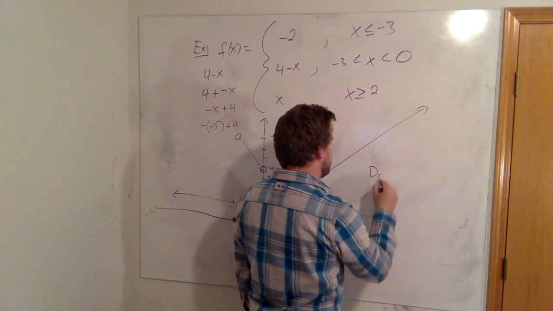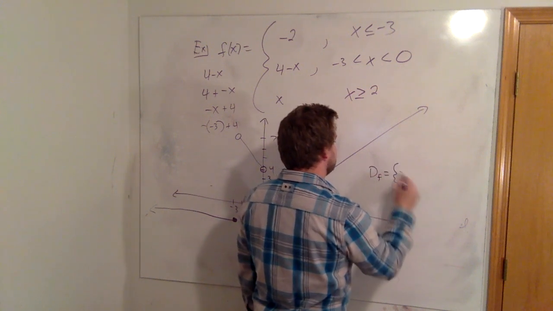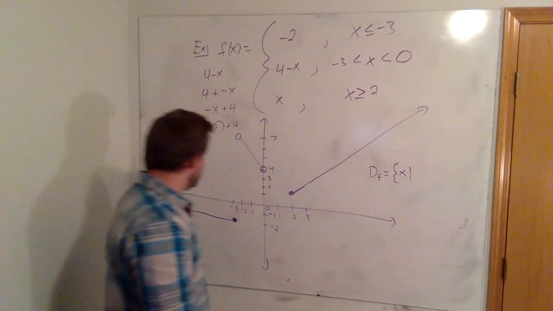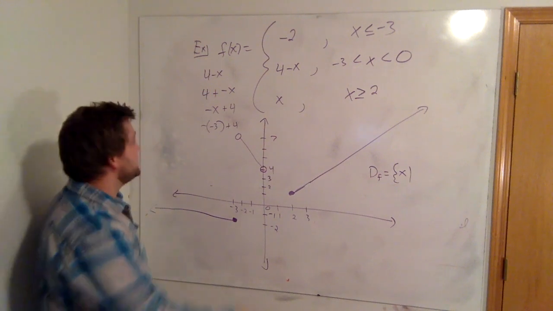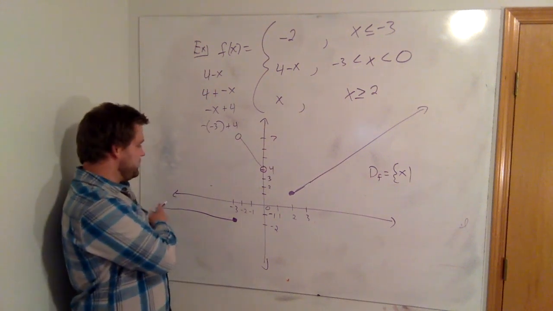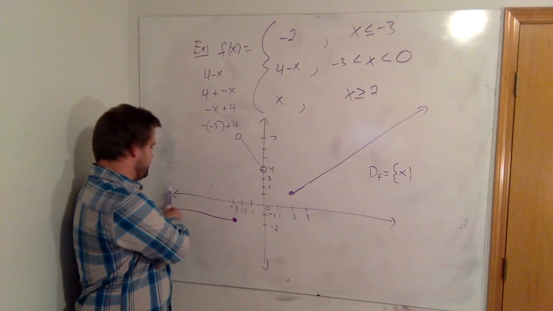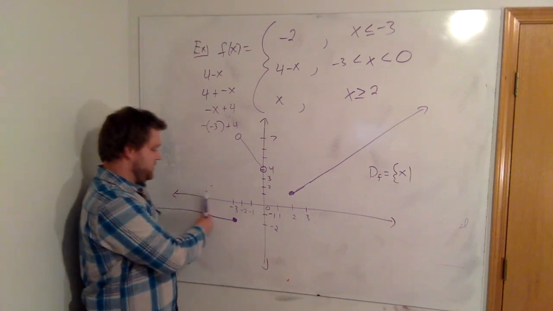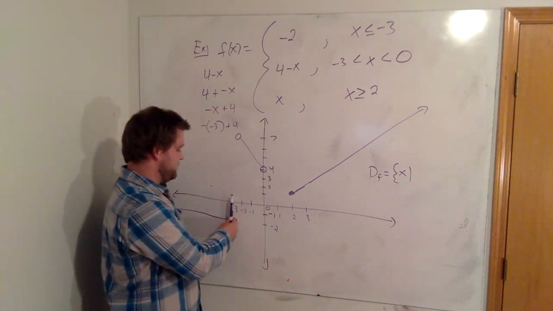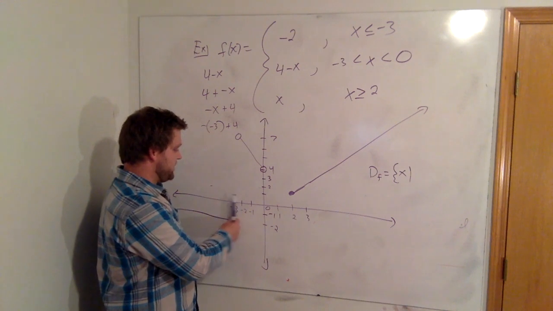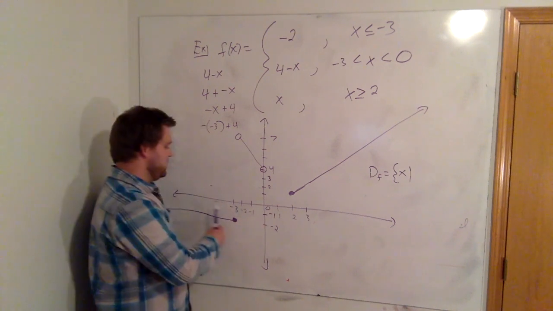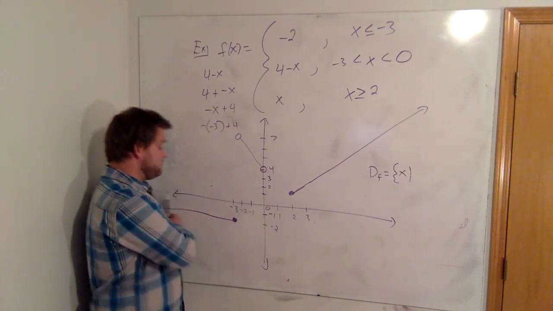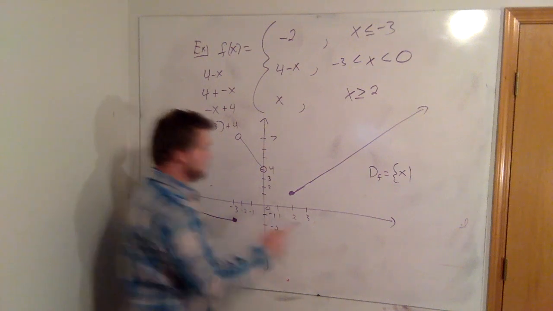The domain of f is going to be all x values such that, well, what can I plug in? Where will I get a meaningful output? Well, I'll get an output for plugging in anything less than -3 all the way up to -3. I still get an output. But I'm also still getting outputs all the way to 0. So my domain is going from -infinity all the way up to 0.